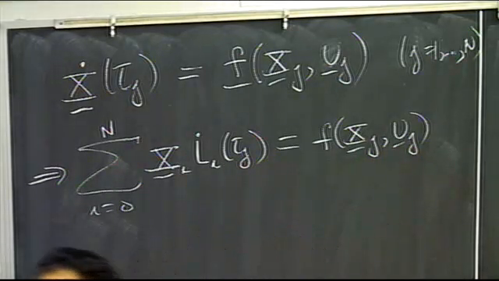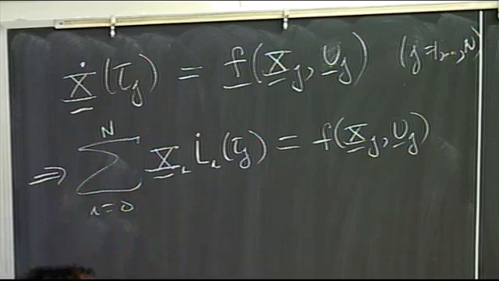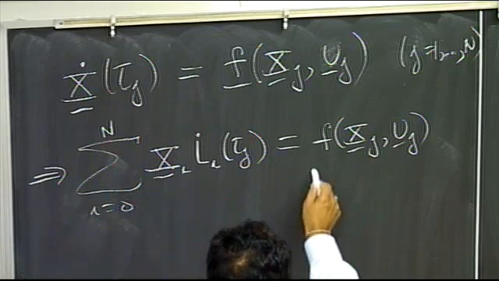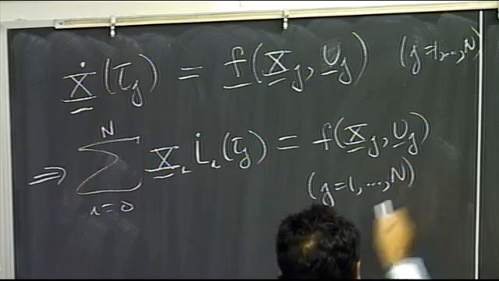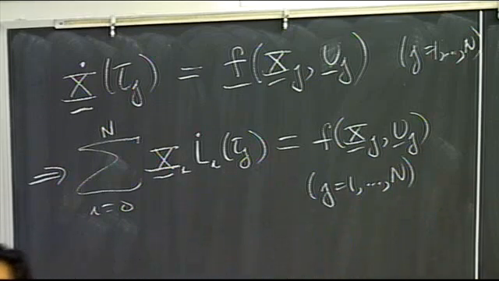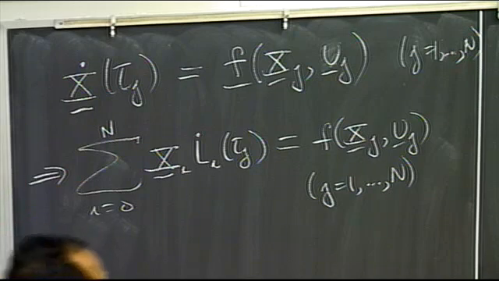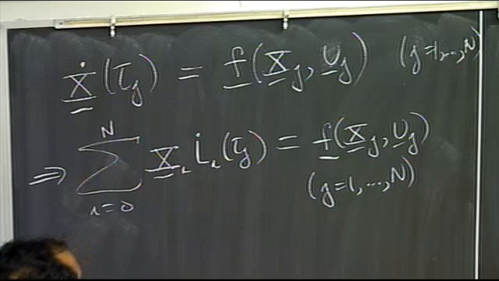Okay, now, if you look at this equation, how many of these do I have? j runs from 1 to n, right? So I have n vector equations, right? I have one for each Gauss point.